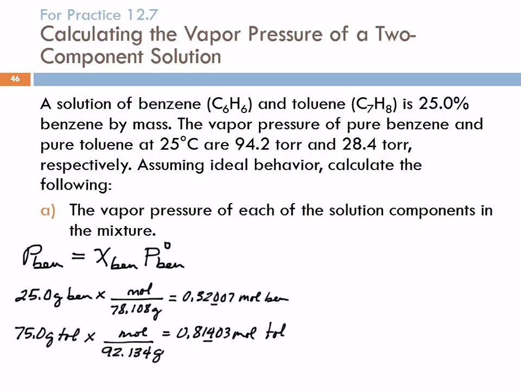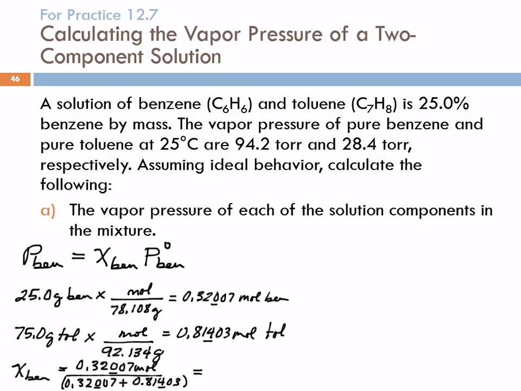So now we need the mole fraction of benzene. The mole fraction of benzene, chi ben, is going to equal the moles of benzene, 0.32007 moles, divided by the total number of moles, 0.32007 plus the 0.81403 moles.